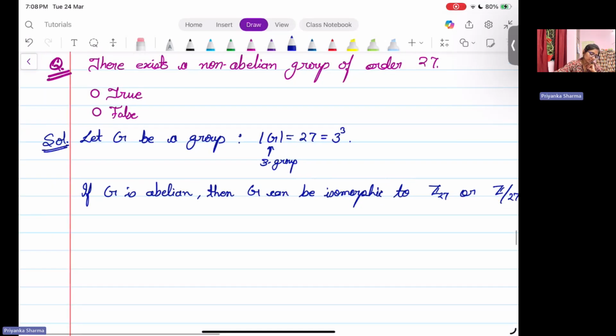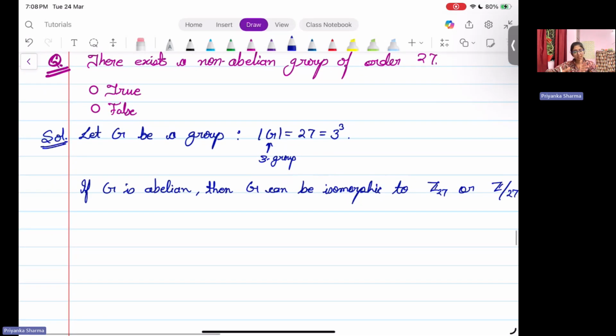Obviously there can be other abelian groups of order 3 to the power n, but for the assurance of existence in the case of an abelian group, we can have this.